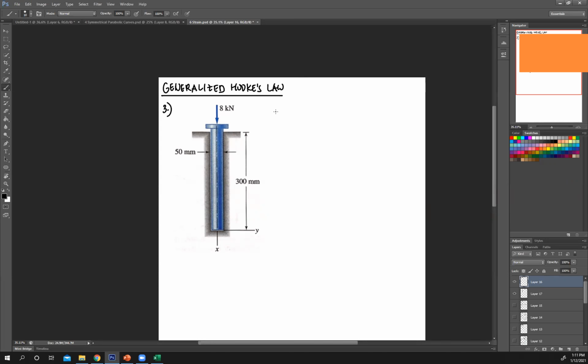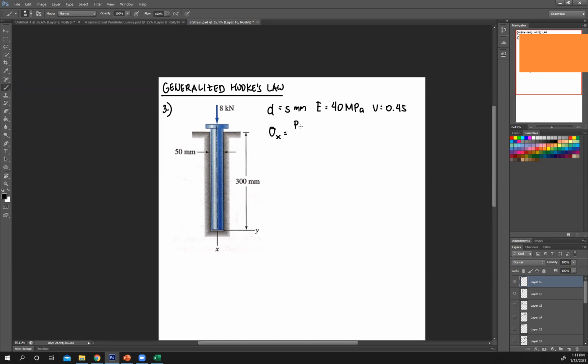Okay. Let's write out our given first. 50 millimeters, force 8 kN, and given E, 40 MPa. Let's start with stress along x since that's the easiest.